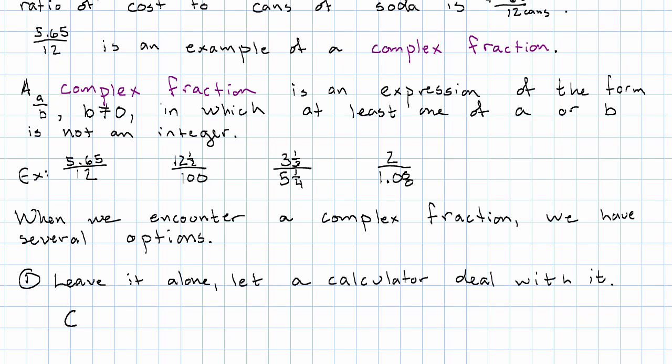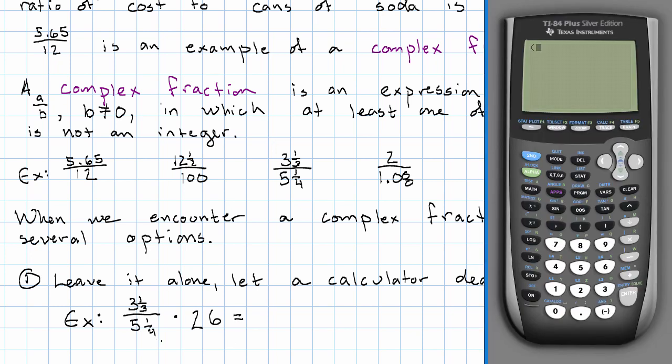For example, if we have the complex fraction 3 1/3 over 5 1/4, and we want to multiply that by 26, for example, we could simply enter that complex fraction into the calculator as a division problem, and then multiply the result by 26.